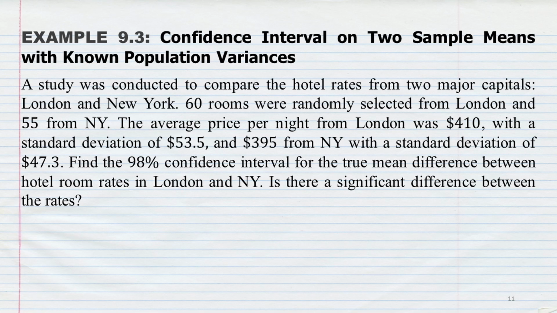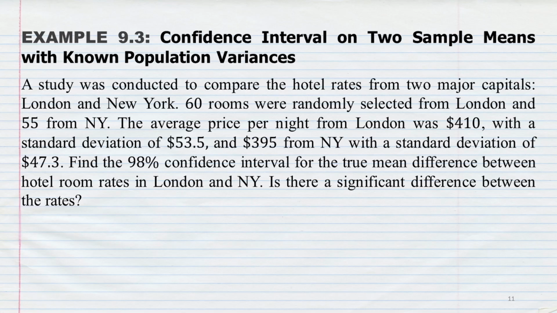Example 9.3. Confidence interval on two sample means with known population variances. A study was conducted to compare the hotel rates from two major capitals, London and New York. 60 rooms were randomly selected from London and 55 from NY.